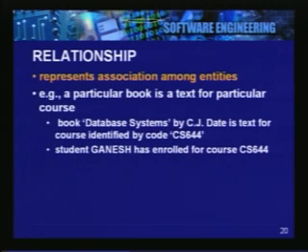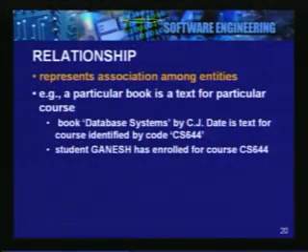Now we are talking about a book here called Database Systems. We are talking about a course here called CS 644. Now these two are related through the concept of a textbook for a course. So textbook is actually defining a relationship between book on one hand and the course on the other hand.